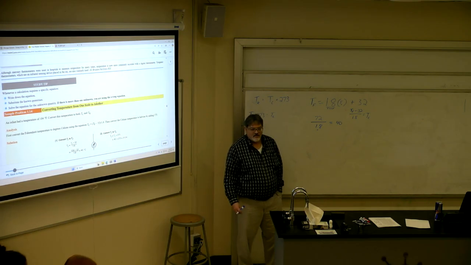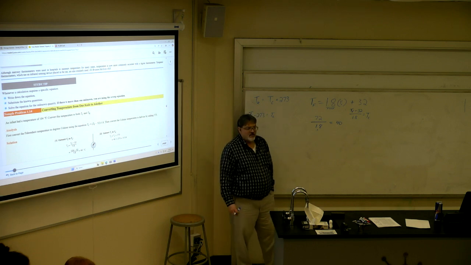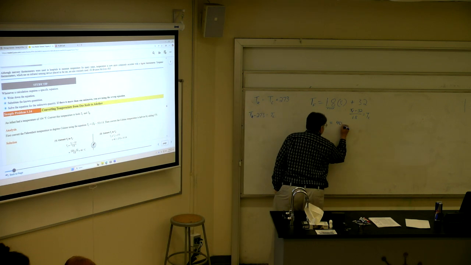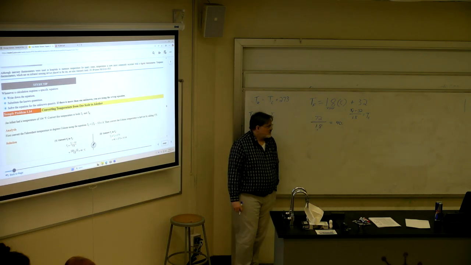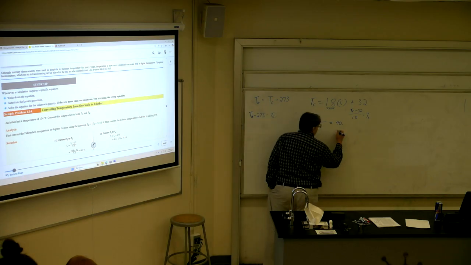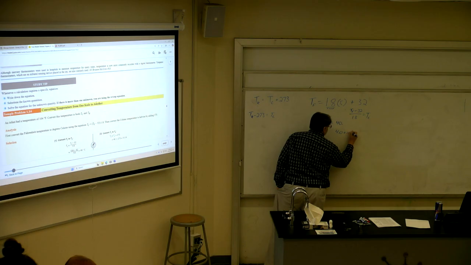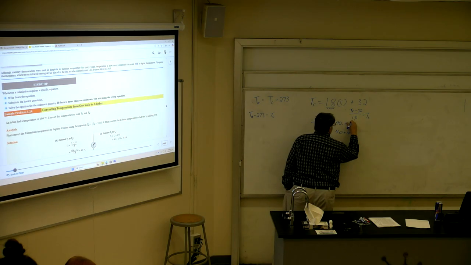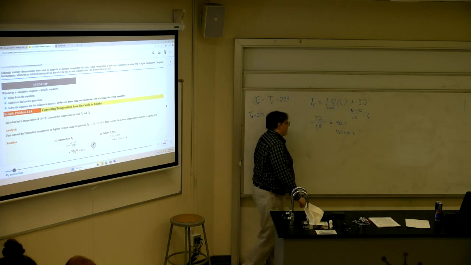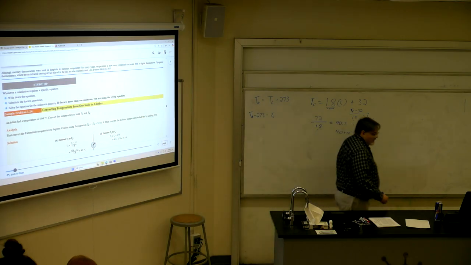Is that the answer? It's not. I need to show 2 significant figures there. I'm only showing 1. I have to do this to indicate that 0 is significant. And if you were asked to put it in scientific notation, oh, and of course you're going to want to put degrees Celsius as the unit.